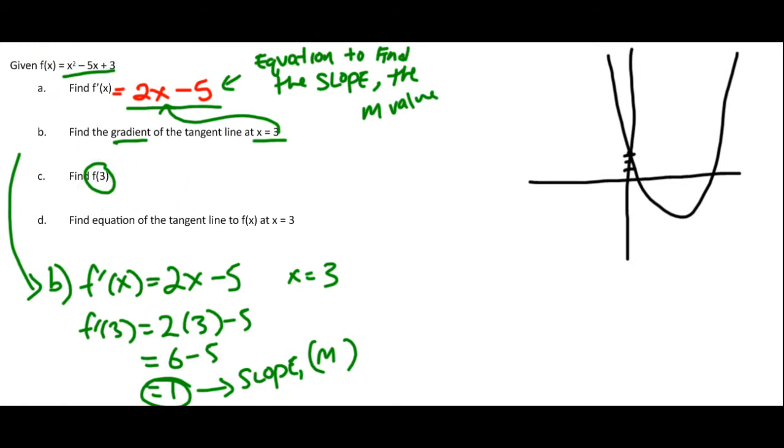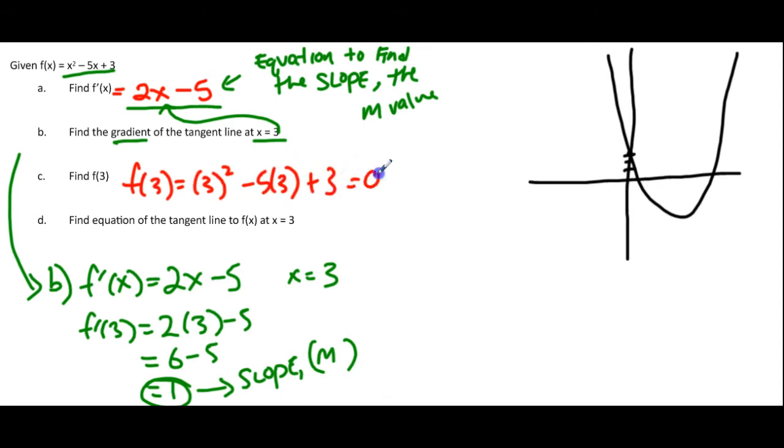Notice that there is no little dash here. This is the original, so please take note of that. This is f of x, and there isn't a dash, so don't put it into the derivative. So f of 3 equals 3 squared minus 5 times 3 plus 3.